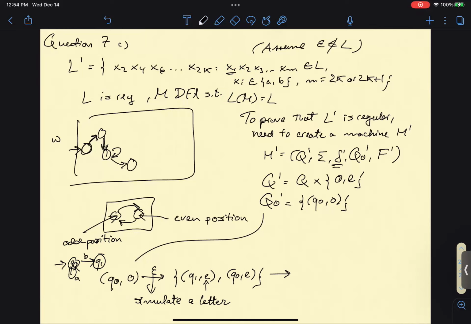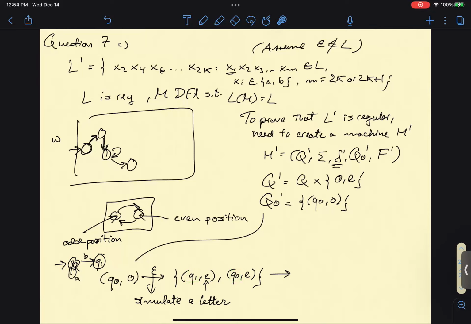Yes, I'm getting there. So now what I'm going to do is force the transition. If I have an even state, then I'm going to force the transition to read a letter.